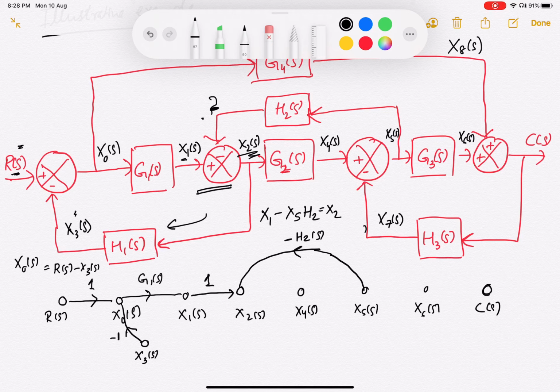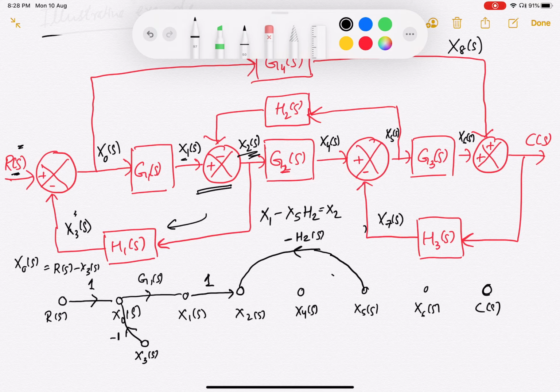So for this X2S, the value of the node is equal to the sum of the incoming signals, which is X1S into 1 minus X5S into H2, and this is what I have here. So here we could have actually labeled this as some other signal, then we would get an additional signal which we would have to remove later on, but somehow I did not do it like that. This is also okay.